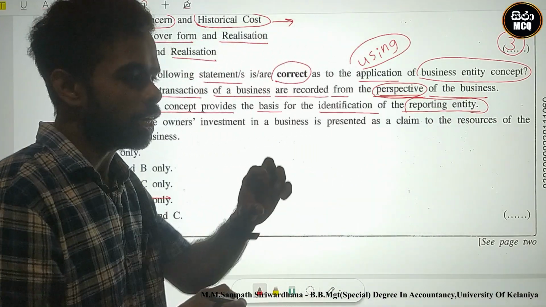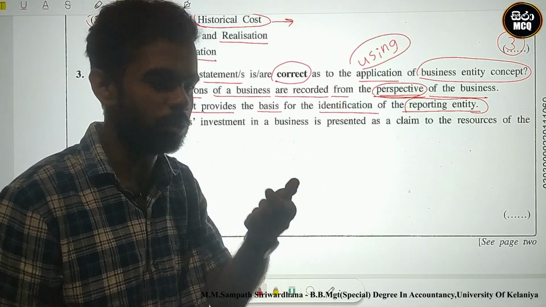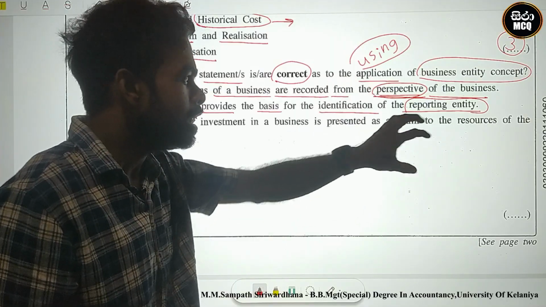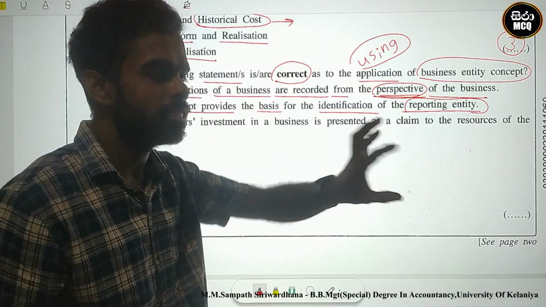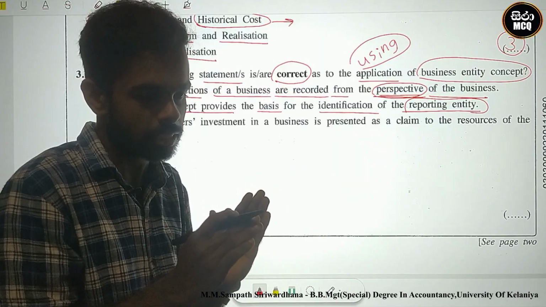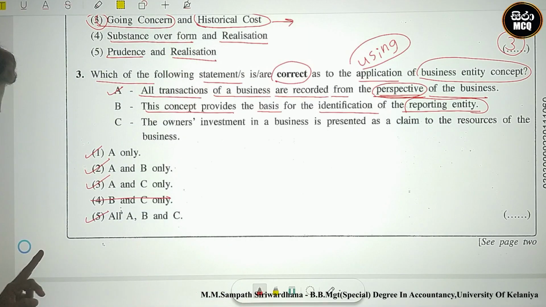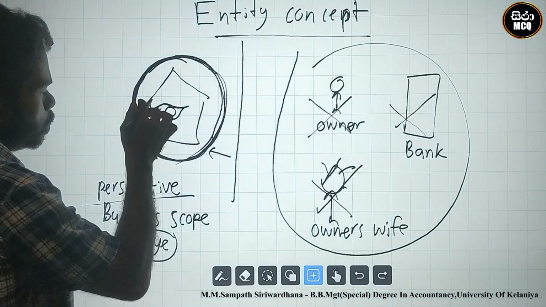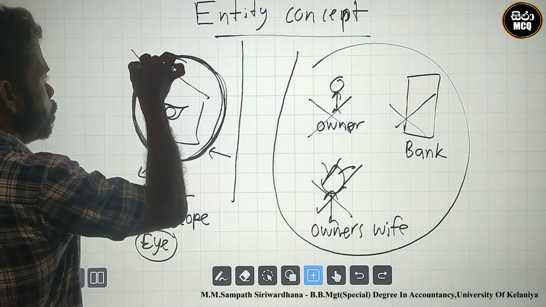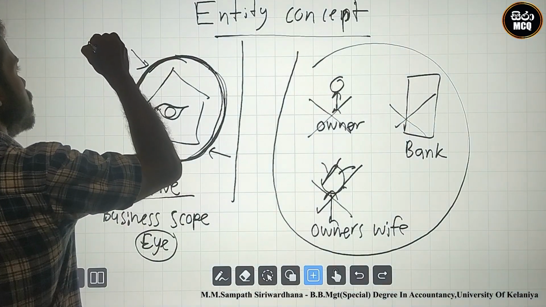Reporting entity means recording business again, the entity of recording transactions. Entity means business. This time, only the transactions we report. Reporting entity means this one.